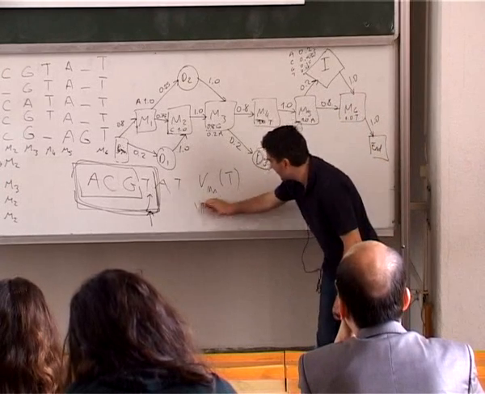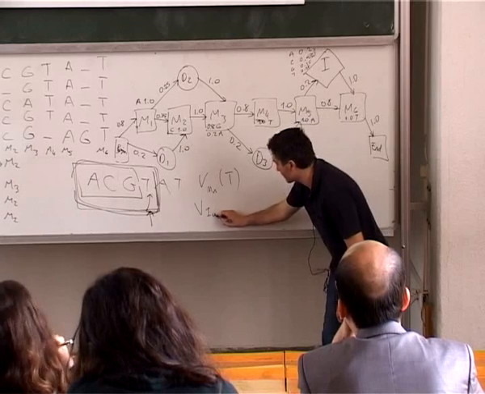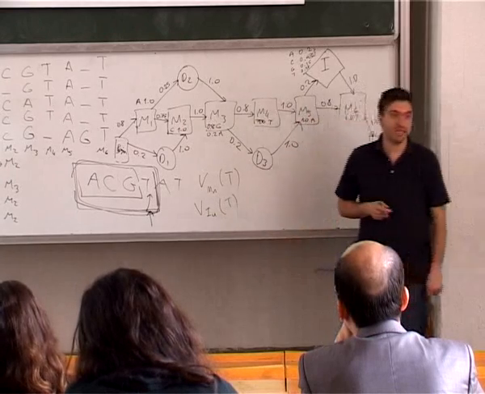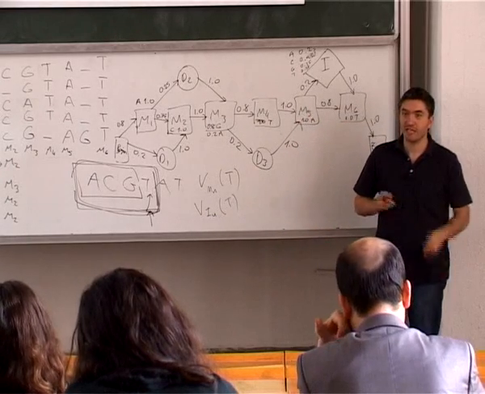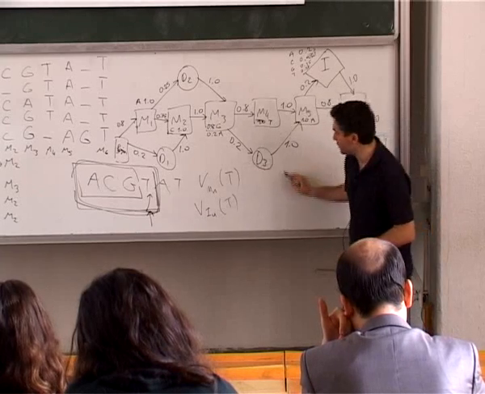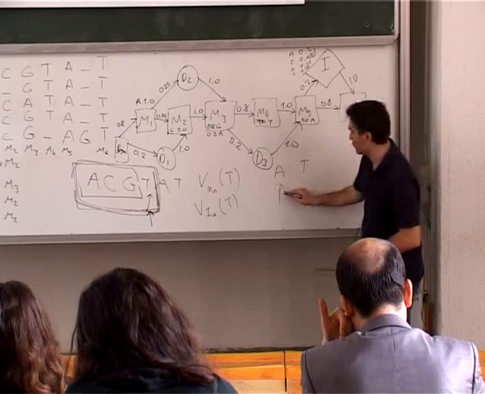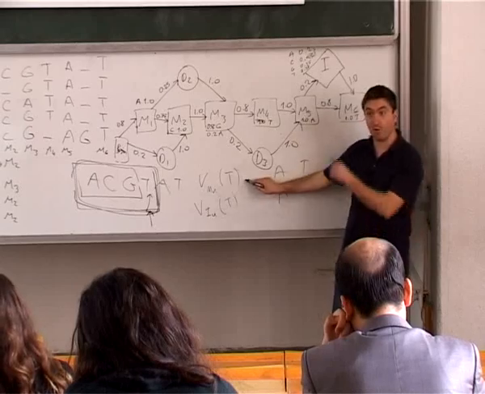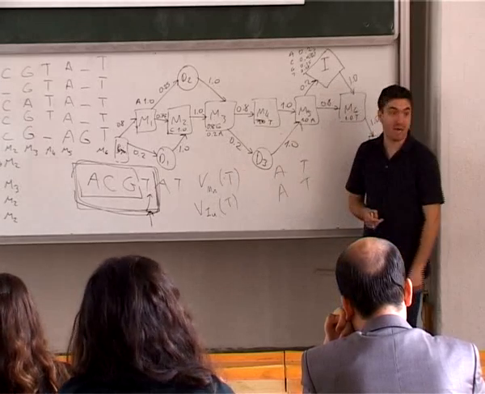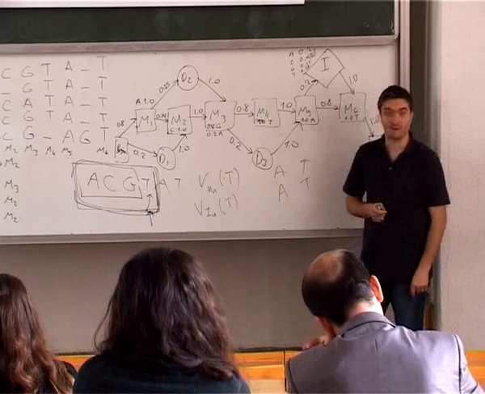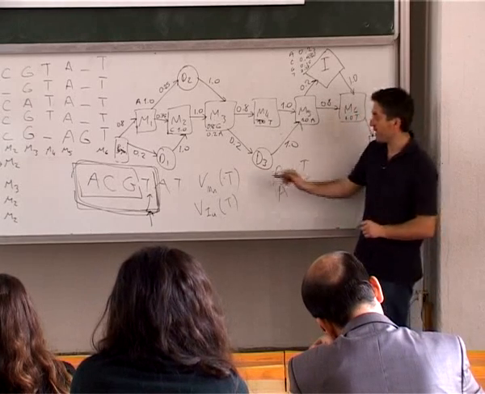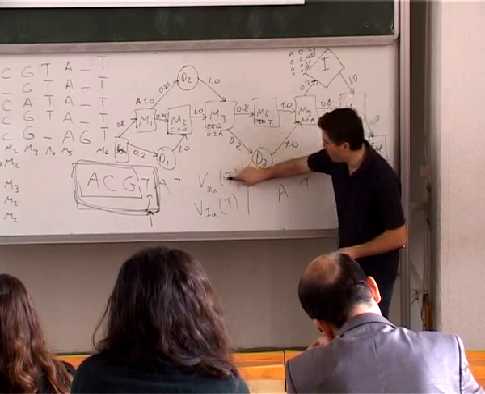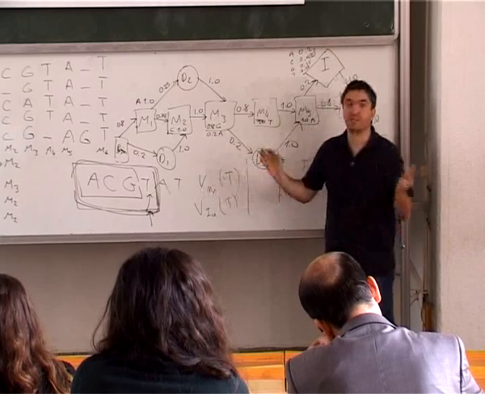I may have another probability, a different path which ends at insertion state u. I need to consider both of these paths, because I do not know what will happen for the rest of the sequence. Maybe this path is going to be better, or this path is going to be better. I do not know that yet. So at each step, I need to maintain all the paths that end at all these possible states.